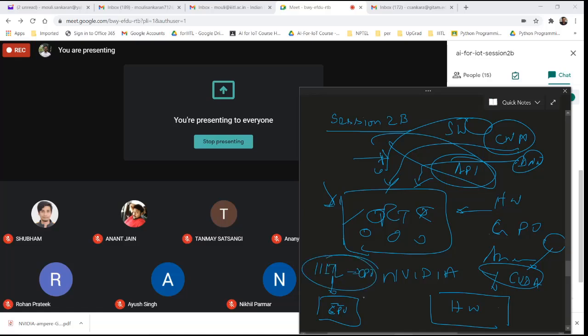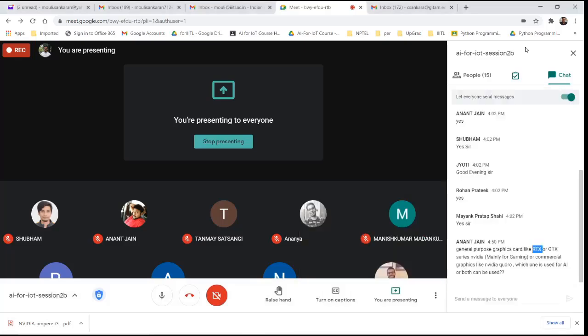Unless we give the tools, compilers, linker, and all the tools for our chip, which translate the higher level language to the assembly program of this chip, we cannot run anything on it. Similarly, RTX and GTX are hardware and platforms meant for gaming, because a lot of gaming platforms have been provided and already ported onto this chip, so they can run. But if you want to run any AI algorithms, it should be supported by the tools vendor, either NVIDIA or some third party should have done it. Otherwise, it's not possible.